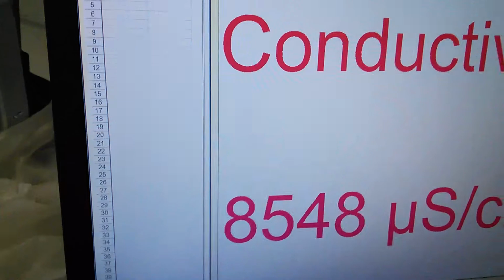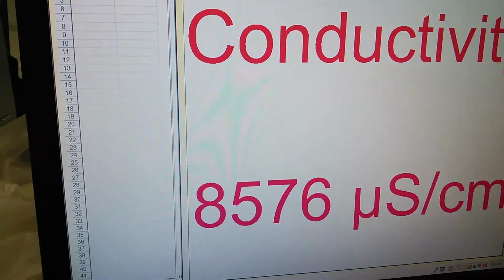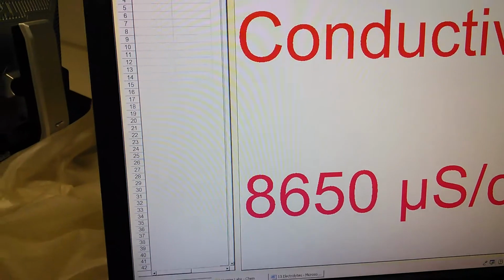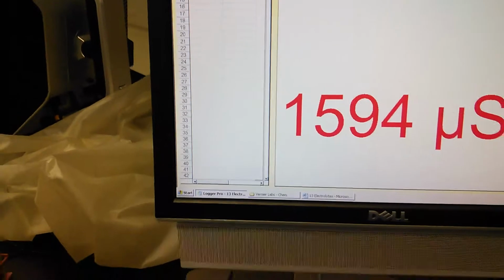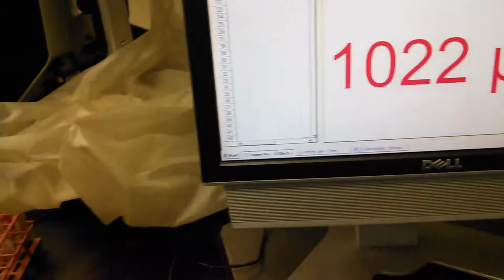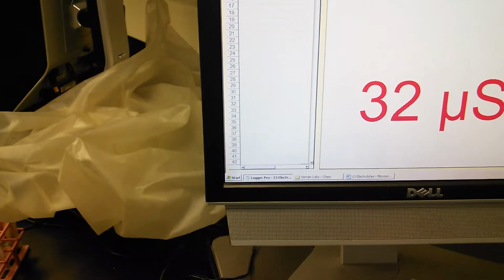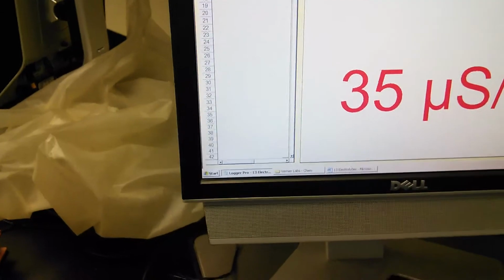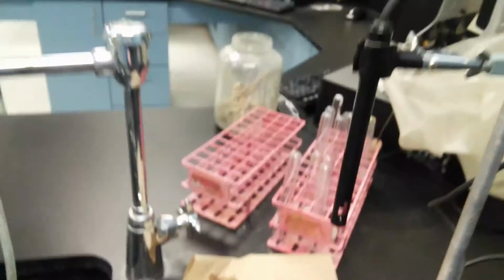Okay, our next compound, AlCl3, and its conductivity rating right about there, and it's never really going to stop moving, so we just kind of pick a number somewhere in that range and write it down in our lab manual. Okay, probe's cleaned. Go for our next one, NaCl.